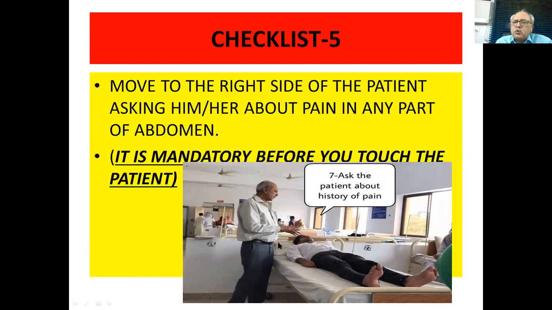And when you move toward the right side of the patient, it is very, very important to ask the patient whether he or she is having abdominal pain or not. Remember, this is the most important step of the clinical examination of the abdomen, that before touching your patient, you must ask the patient whether she or he is having any pain in any part of his or her abdomen.